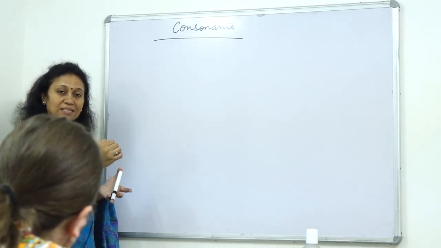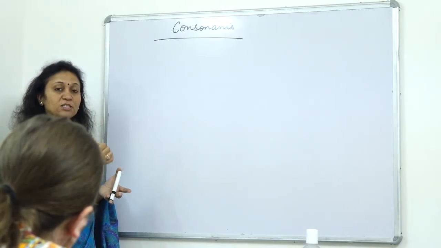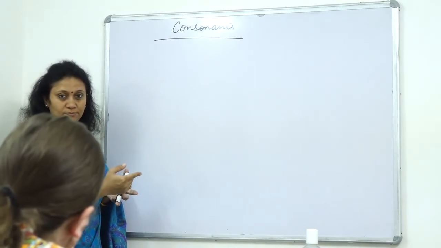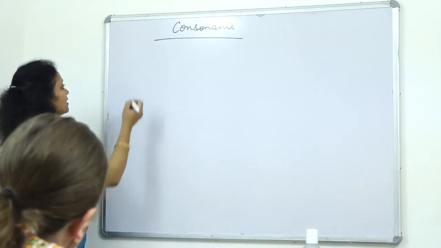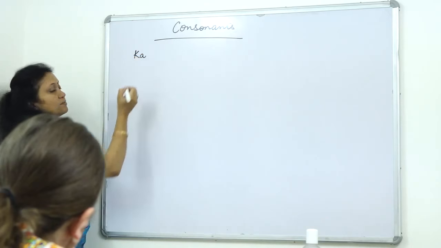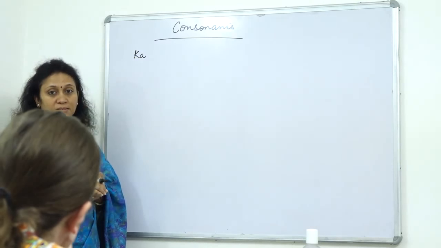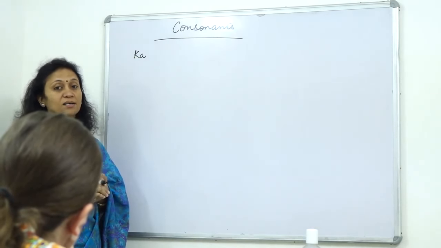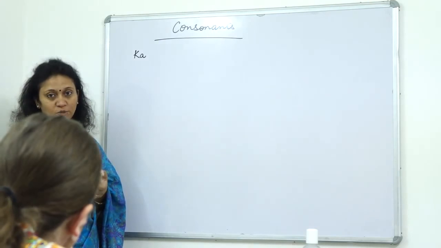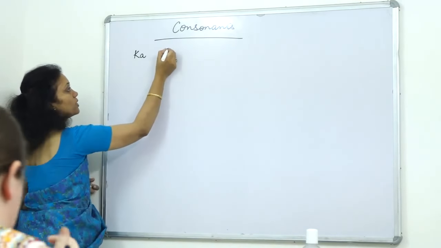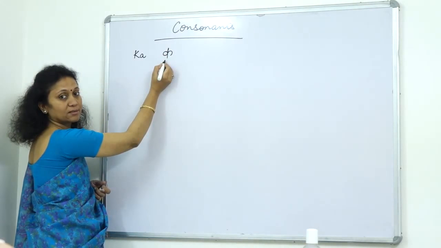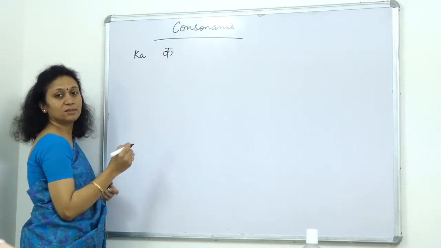When we talk about these 5 rows, you will see a pattern in each row. The first consonant is the pure sound, and the second consonant is always the aspirated sound. So when I say the first one, which is k, as in kya, kaha, kon, for this k we start with a vertical line and make an 8, but we don't join the 8 back to the line and the top.